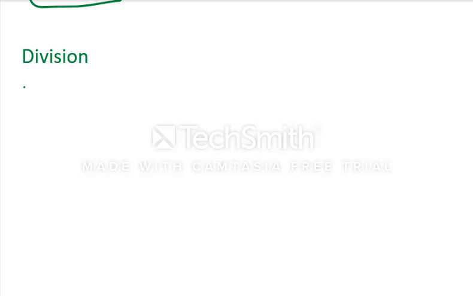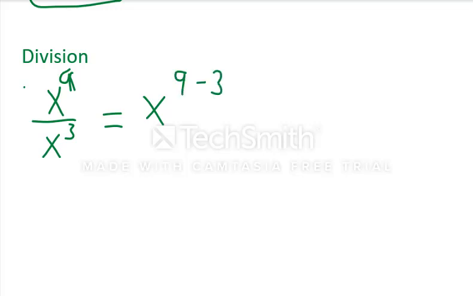For an example, if I have x to the 9th power divided by x to the 3rd power, that's the same as we're going to do subtracting. So we have x to the 9 minus 3. All right, and that ends up being 9 minus 3.